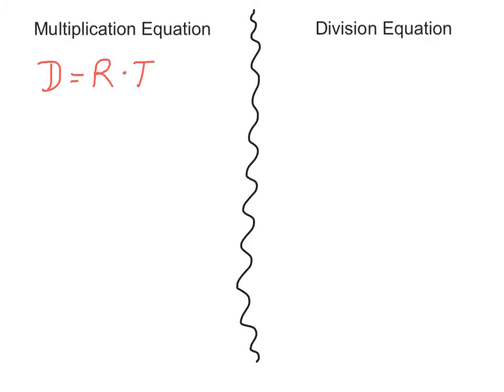For the division equation, if I write the same exact equation as d equals r times t, what I can do is I can go ahead and solve for r to get r by itself. So since I'm multiplying by t, let's go ahead and divide both sides by t to get r by itself. So then t goes away, now r is alone.